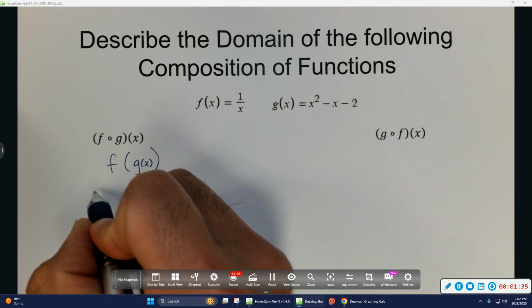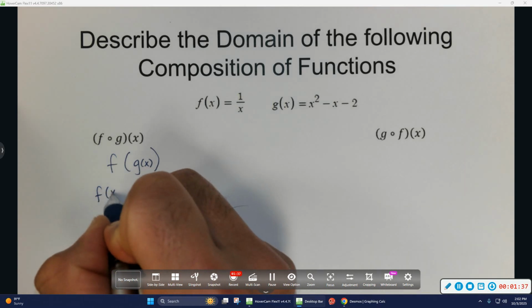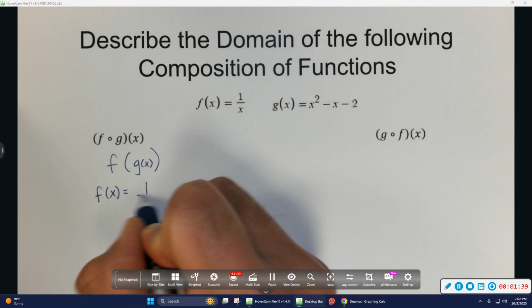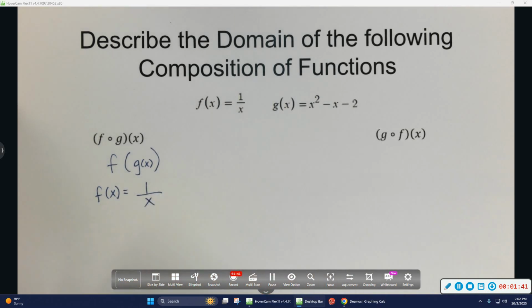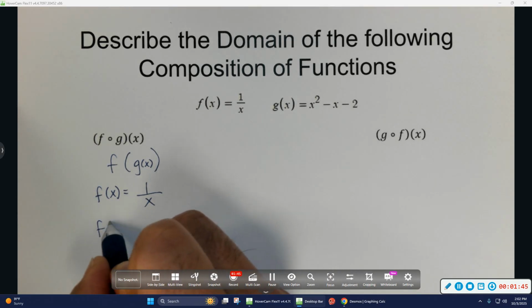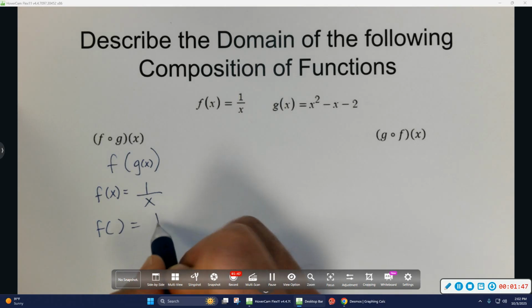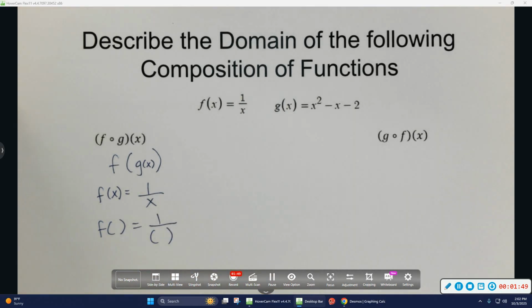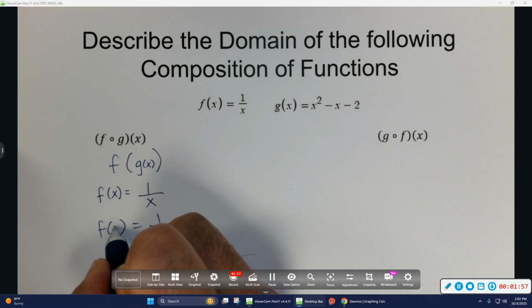I start with the main function, which is f of x. This function is 1 over x. Now I'm going to go into that function and replace the x with a parentheses, because that input will now not be x anymore. That input will be composed of a different function, g of x.